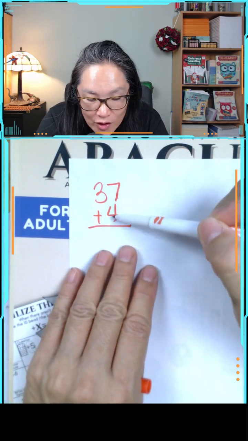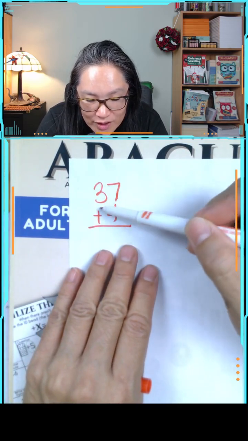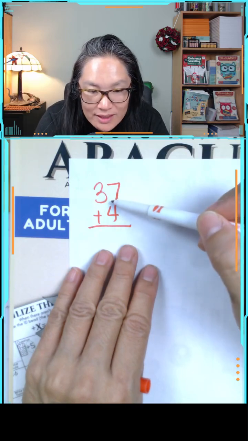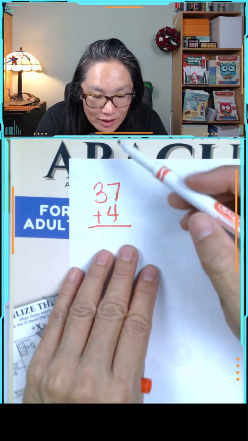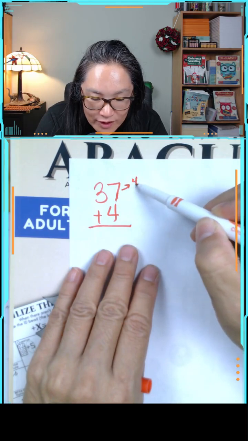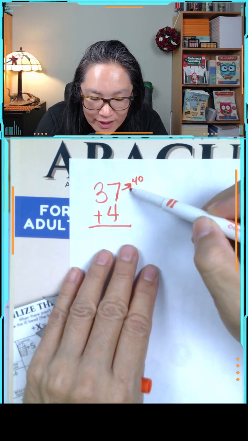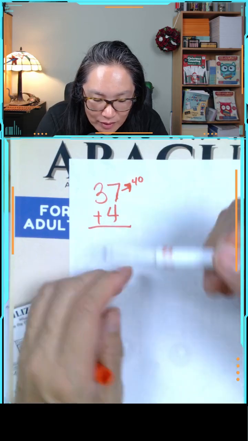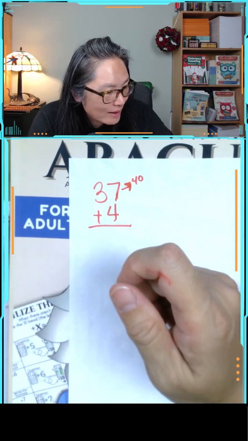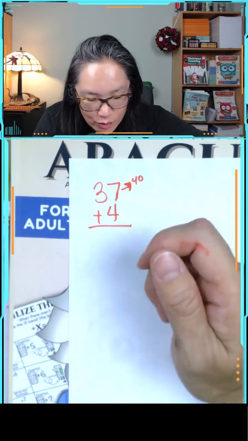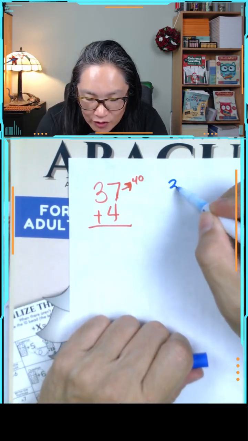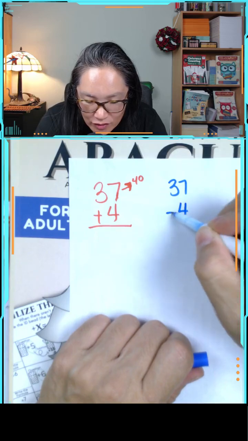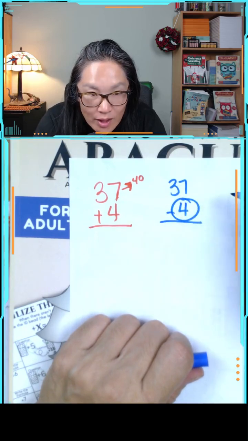So here, in mainstream, what they do is they say, oh, you know what? We're going to make this a friendly number. So they take this and they make it into 40. But funny, they focus on the top number. But then, if you were to do subtraction, you focus on the bottom number.